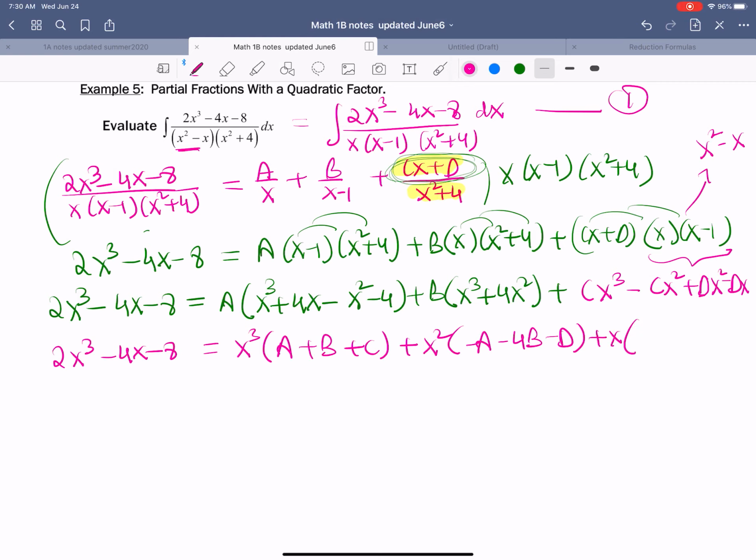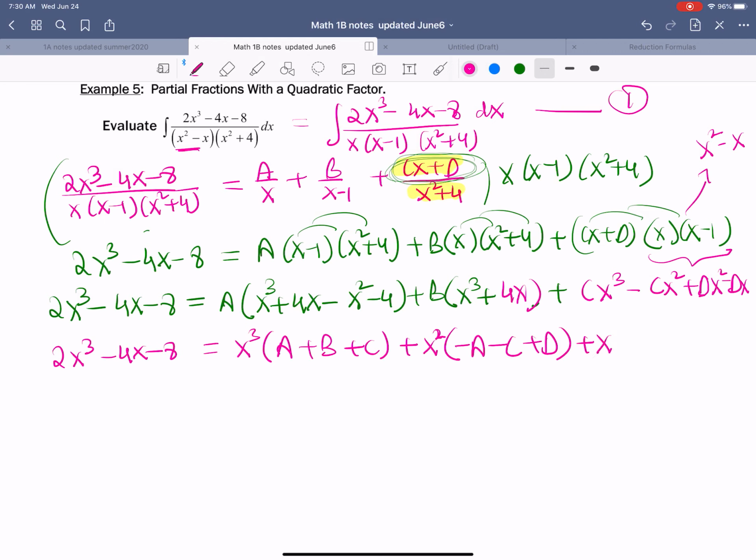Okay, I'm just combining the coefficients of x cubed, x squared, and x.